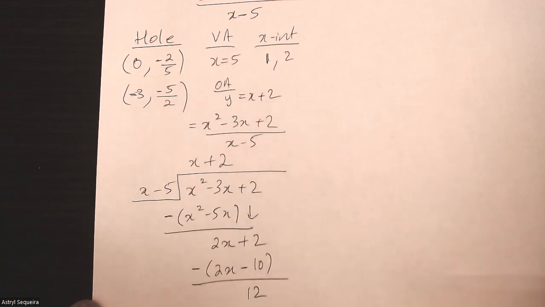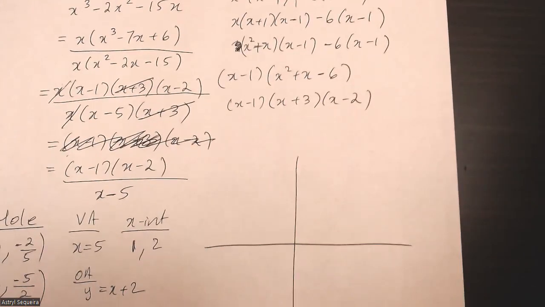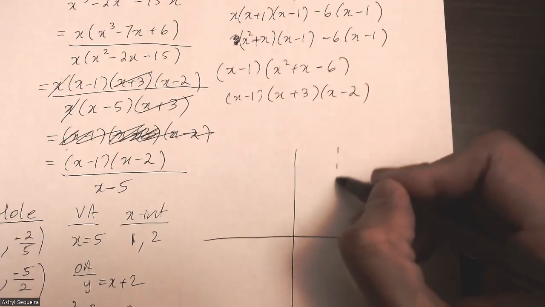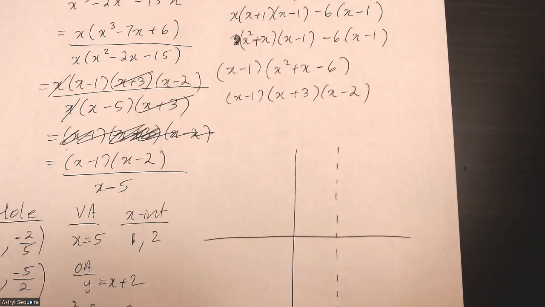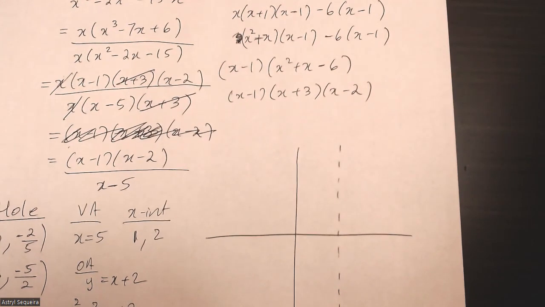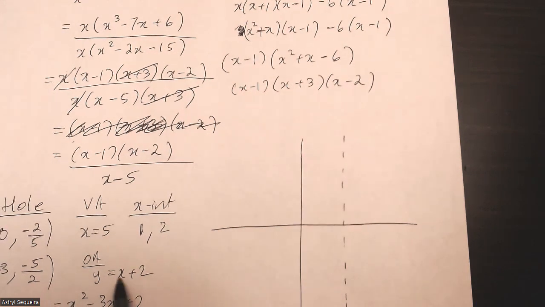So now that I have enough information, I'm going to start my sketch. Vertical asymptote is just x equals 5. Oblique asymptote is x plus 2.